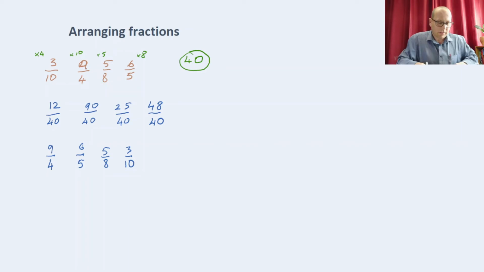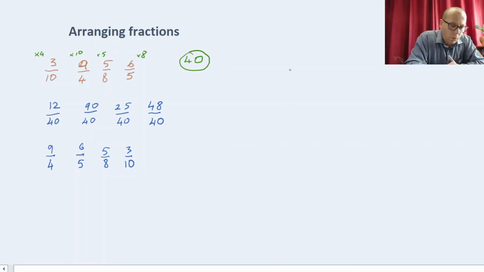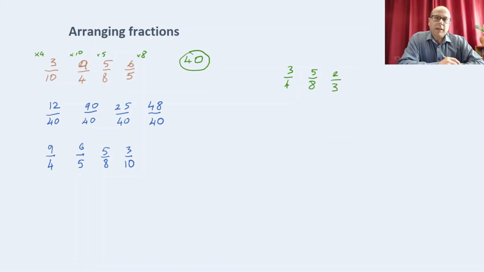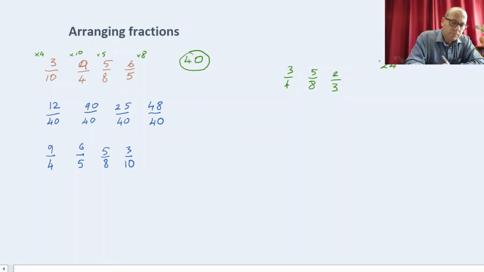Let's get another example. 3 over 4, 5 over 8, and 2 over 3. The common denominator there is 24. So therefore, multiply the first fraction by 6, the second one by 3, and the third one by 8.